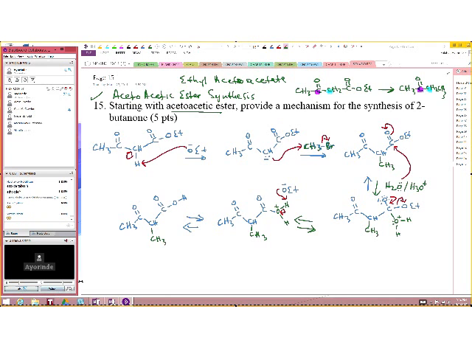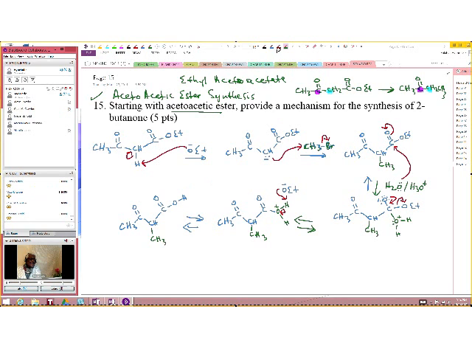Now, the last step of this reaction mechanism, we're going to lose carbon dioxide. So what happens? This comes here, and this comes here.